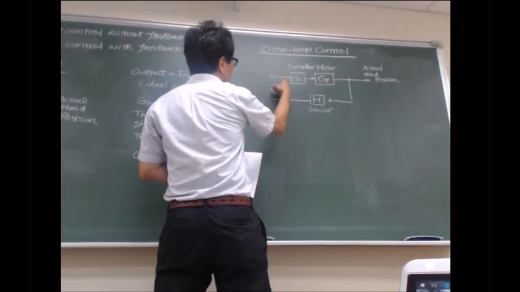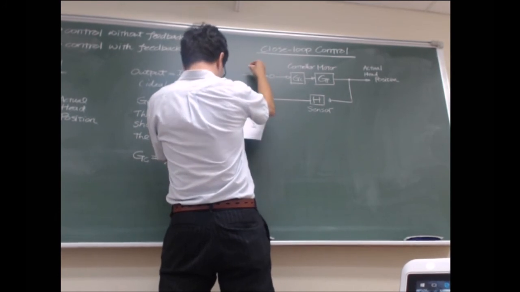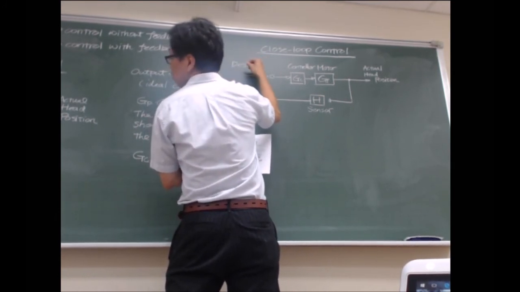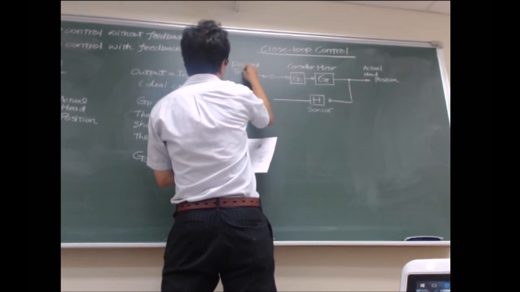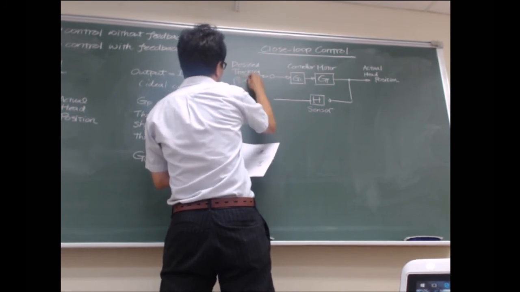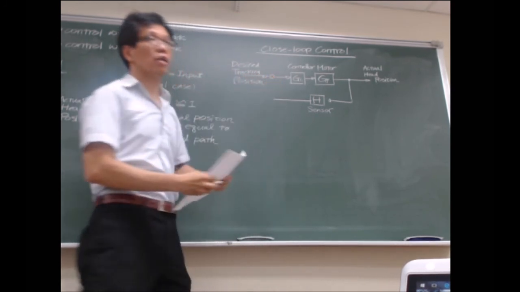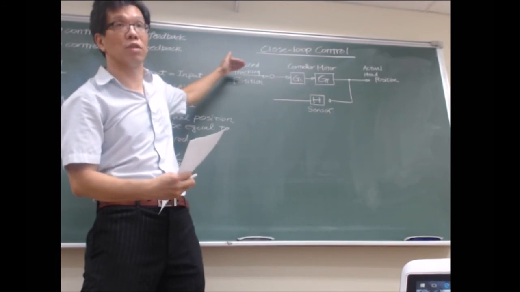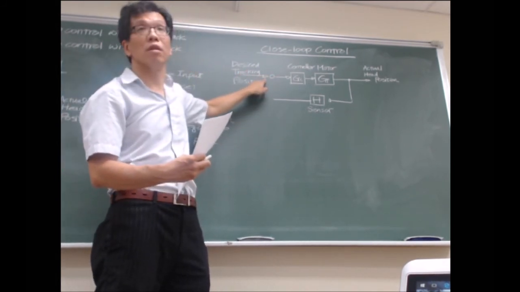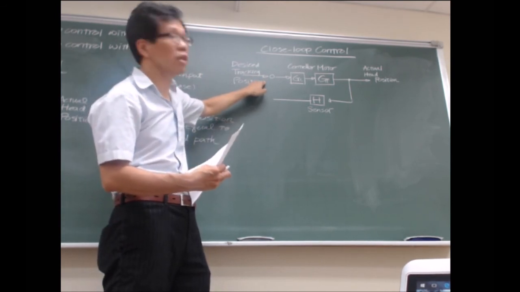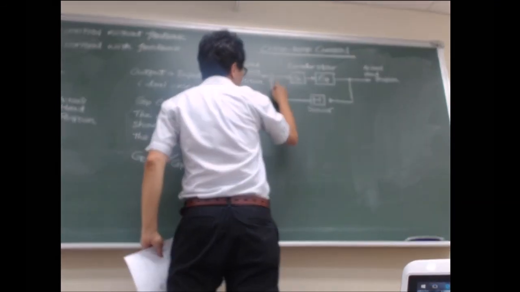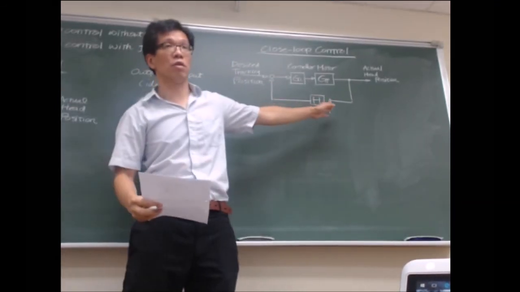This time, this one over here is my desired tracking position. Okay, this time this is my desired trajectory. It goes into the system, but this number over here needs to be compared with my current position.